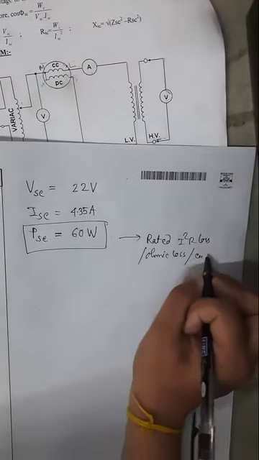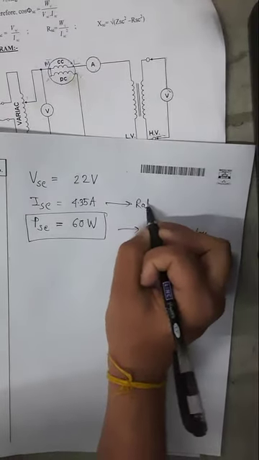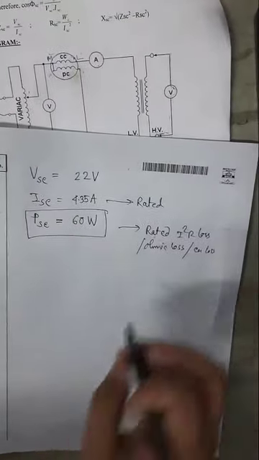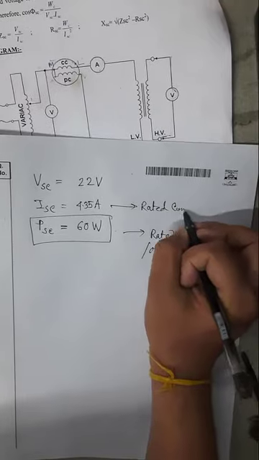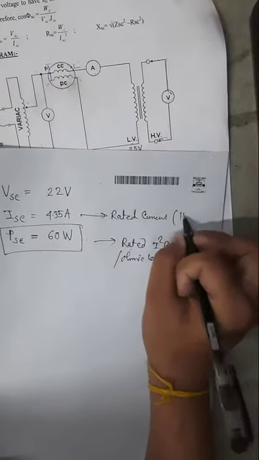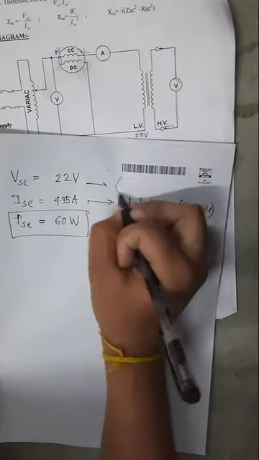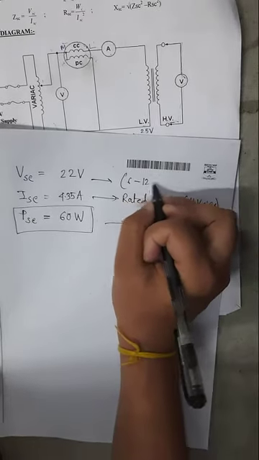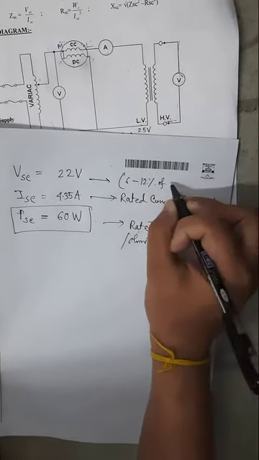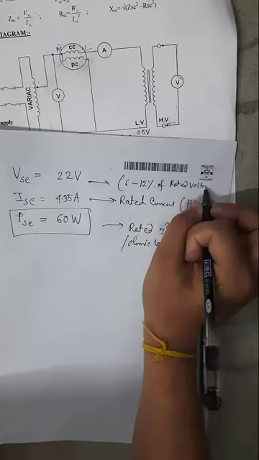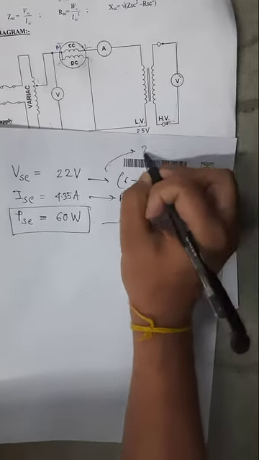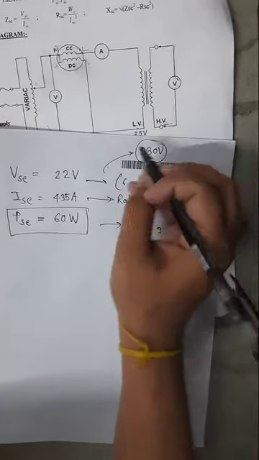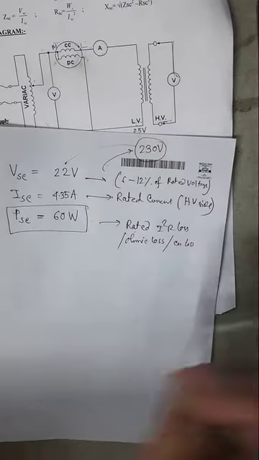Always remember, the short circuit test is performed at rated current on the HV side, and this is the short circuit voltage, which is 6 to 12% of rated voltage. On the high voltage side, rated voltage is 230 volt, and its 6 to 12% is around 22 volt here.